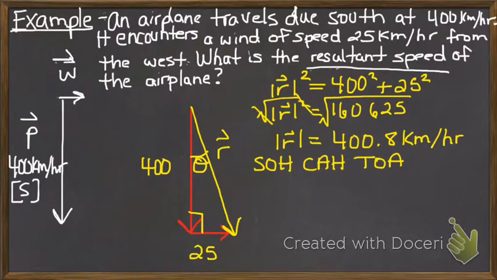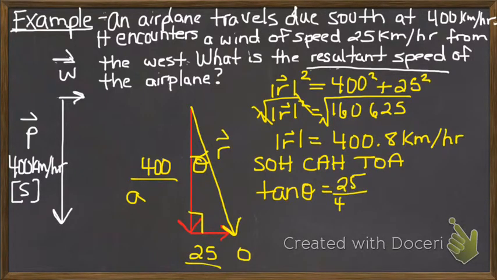Now, you have an option because we have all 3 sides of the triangle. I'm going to use tan because the opposite side would be 25 and the adjacent side would be 400. So this is opposite, this is adjacent. I want theta. So tan of theta is equal to 25 over 400.